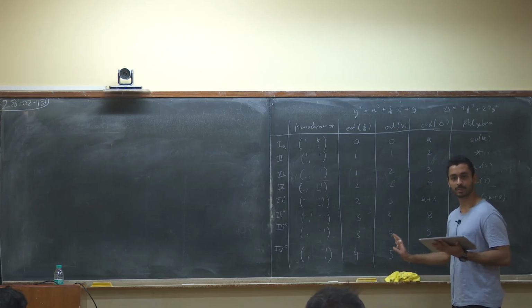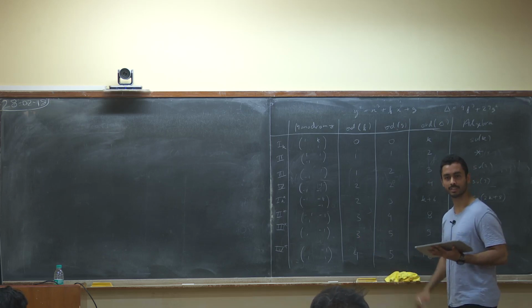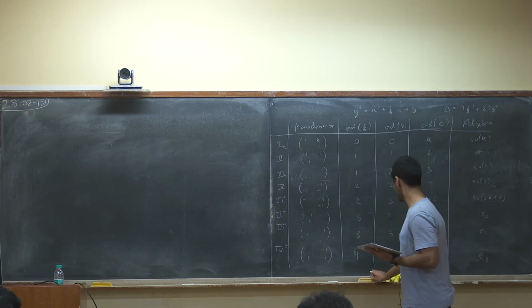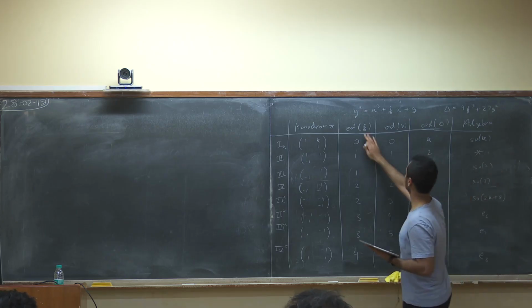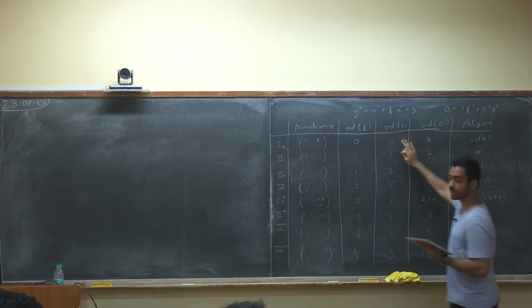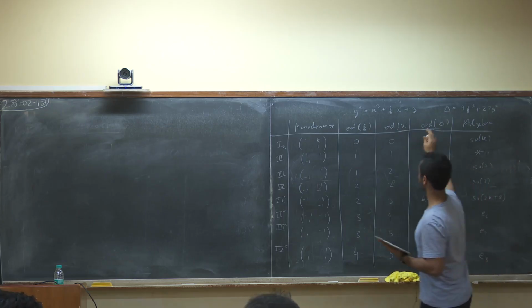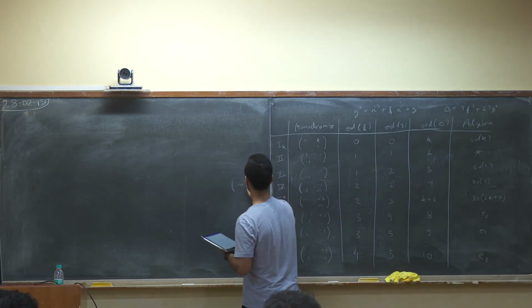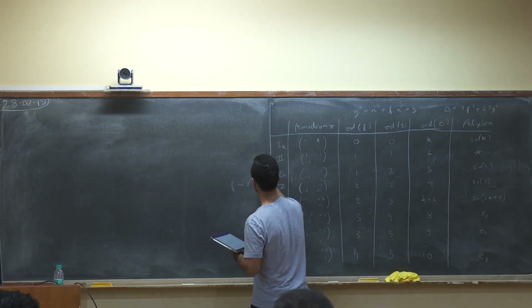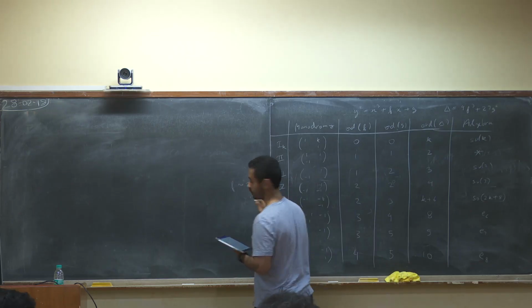There are lots of arguments why you should not consider those singularities. Okay, so here by order of vanishing of f, g, and delta, I just mean that when you approach the singularity, f will behave like z to the order of vanishing of f, and so on.